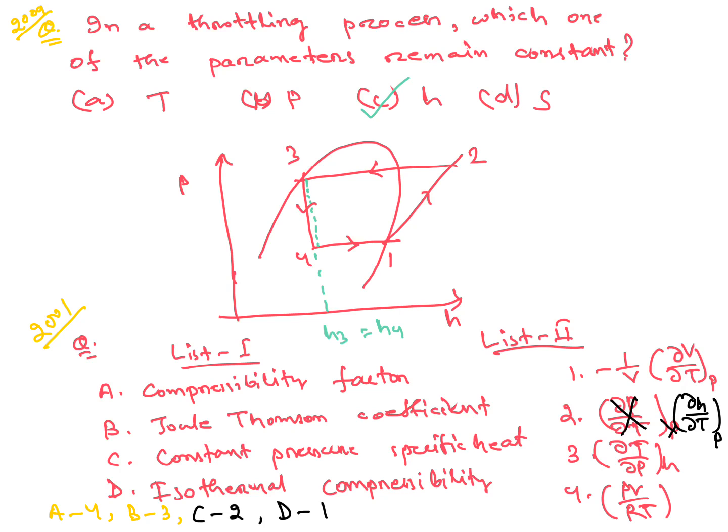Sometimes this type of question also asks. Joule-Thomson coefficient is very important. You should remember the graph, temperature versus pressure, enthalpy is constant, and which side heating and which side cooling.